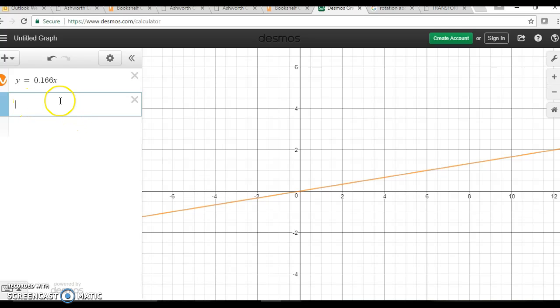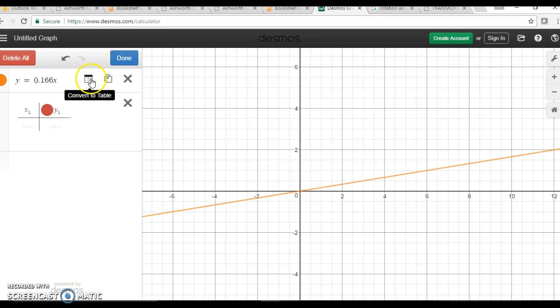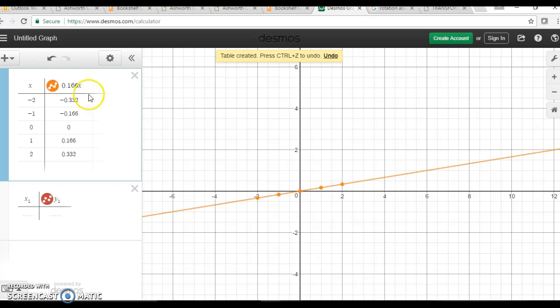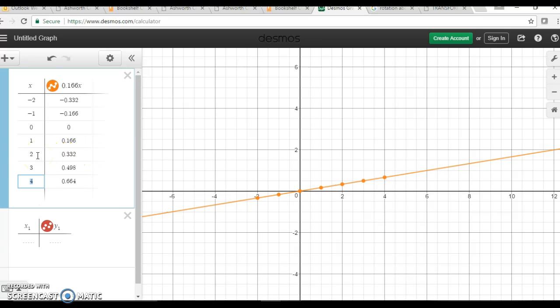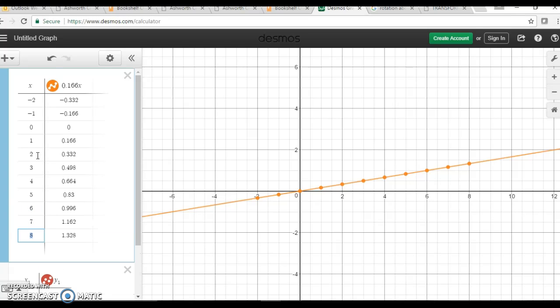I can make a chart. And these are the values. So if I plug in, of course, if I plug in 0, I get 0. If I plug in 1, I get 0.166. If I plug in 2, remember these are any values you want, and so on and so forth. And I hope that this helps.